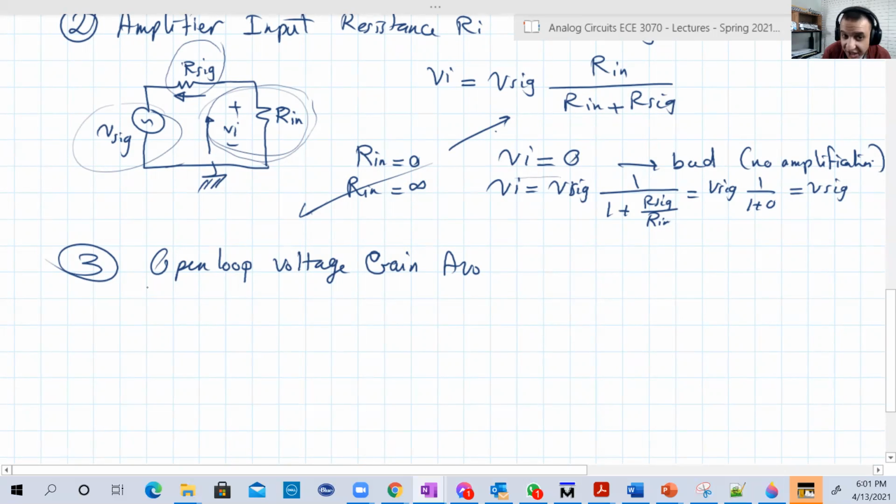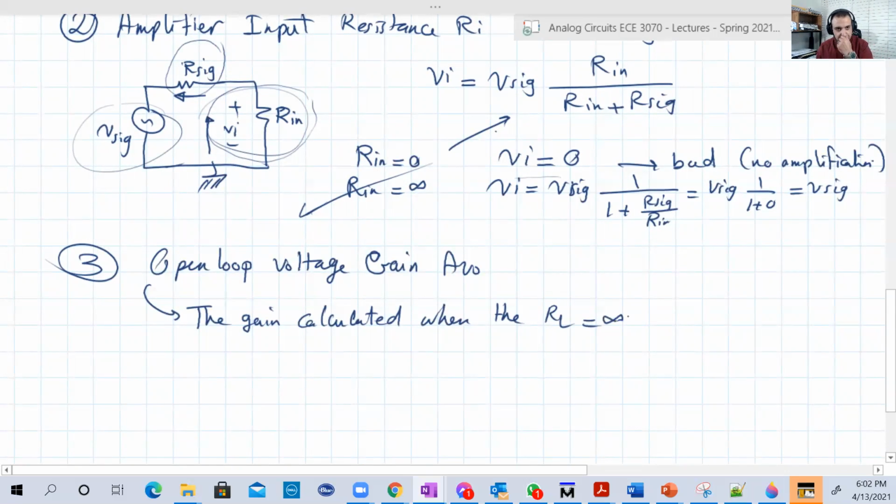So this is basically not any gain. This is the gain calculated when the load is not there, infinity, open circuit. Just to know the definition of it.